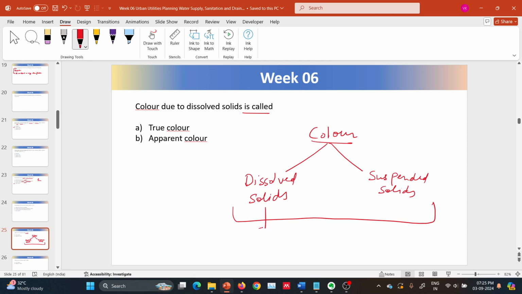The color which is imparted by dissolved solids is called true color, and the color which is imparted by both is called apparent color.